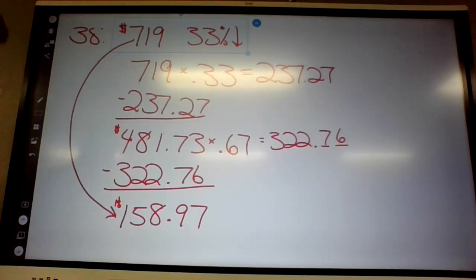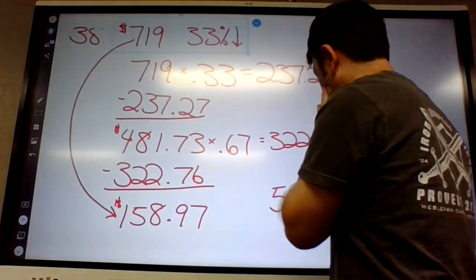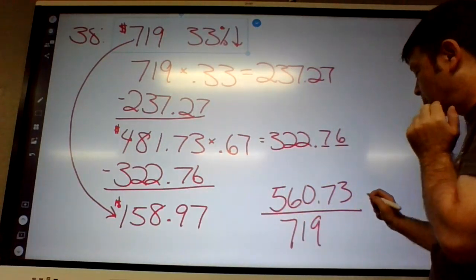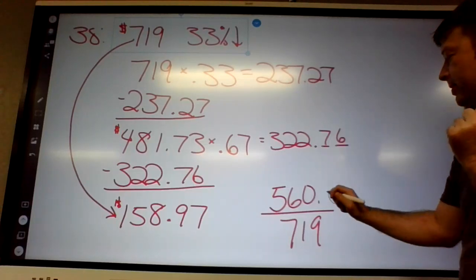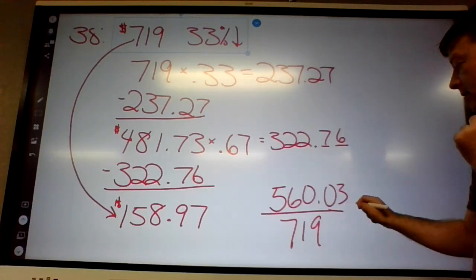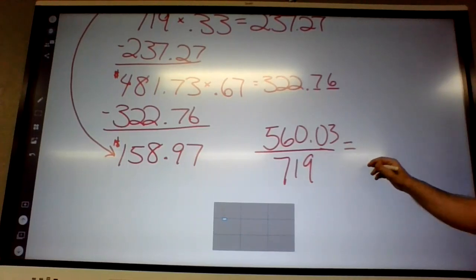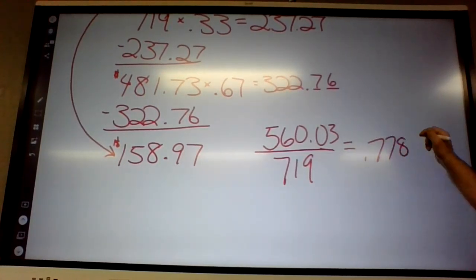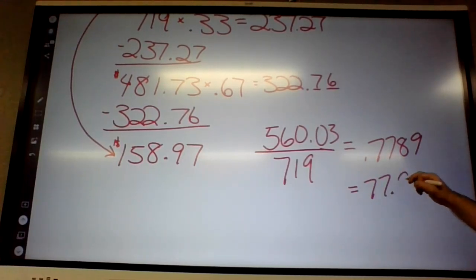It's 560.03 divided by 719. It is 0.7789. So that's about 77.9%.